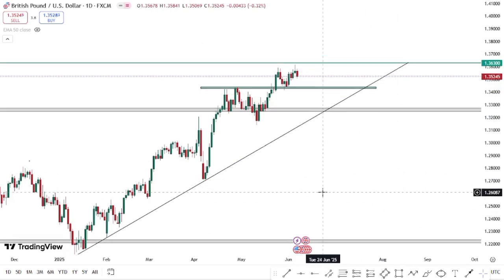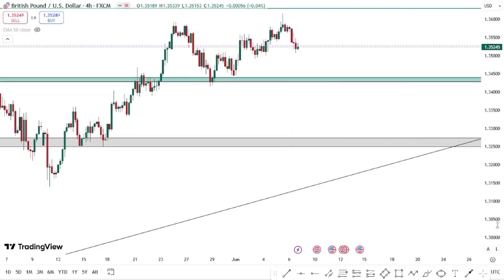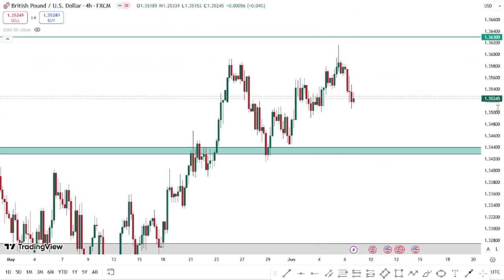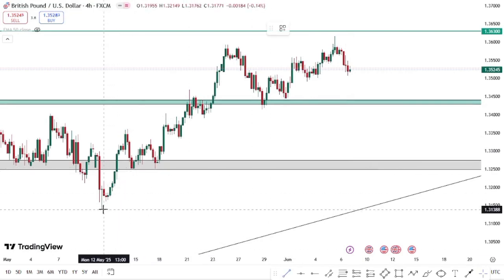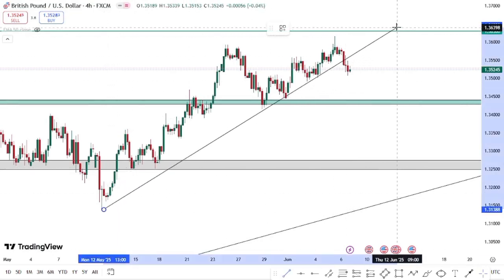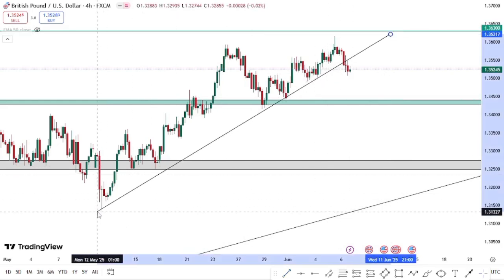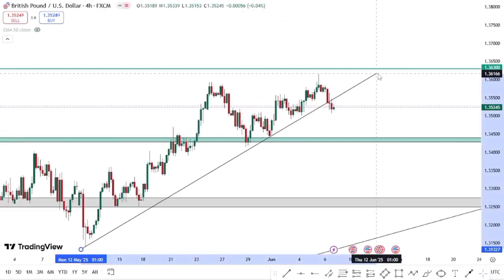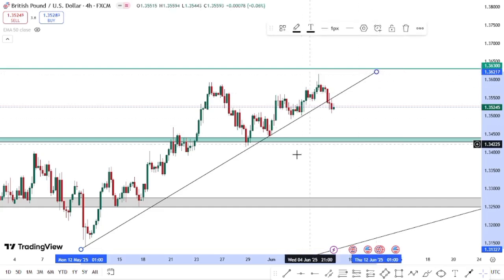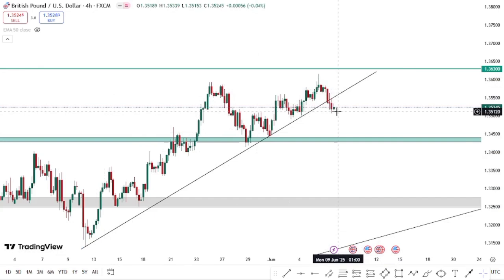Now, if I go down to the 4-hour time frame, you can see that this particular double top is very, very clear. And aside from being clear, if I draw this zone like so, you can see that price has broken this particular trend line. You can see first touch, second touch, price has broken this particular trend line.